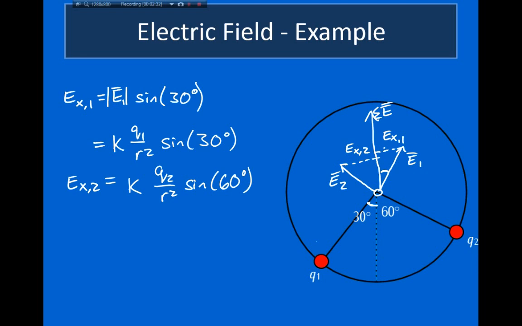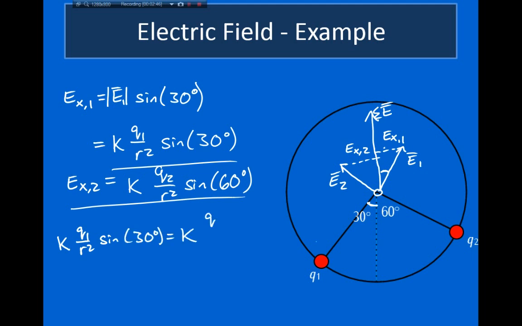Now, because these two x components have to cancel out, we can set these two x components equal to each other. So if I do that, I have kq1 over r squared times sine of 30 degrees has to equal kq2 over r squared times sine of 60 degrees.